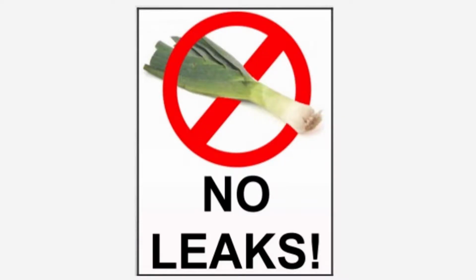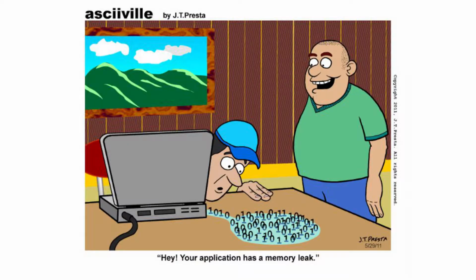Then the next one is an actual leak, the vegetable. It's kind of stupid, but whatever. I like this last one: a little cartoon says, "Hey, your application has a memory leak," with a big puddle on the desk of ones and zeros. Thought that was kind of neat.